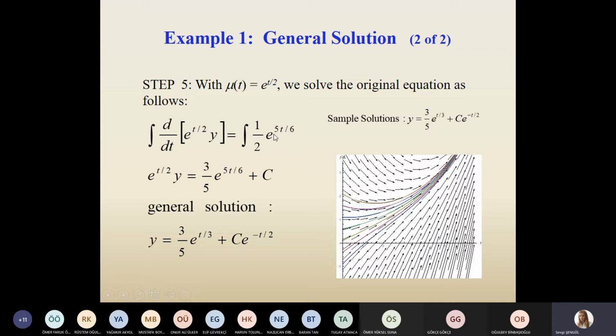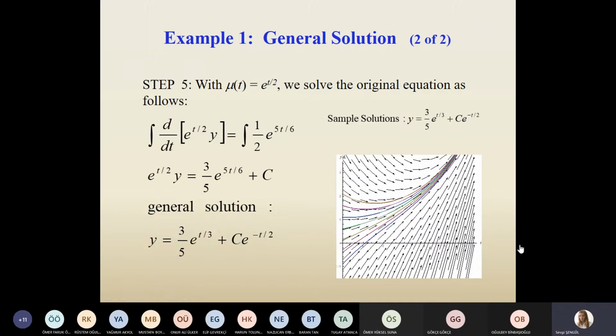And the integral of that one is 1 over 2 e to the 5t over 6 over 5 over 6, plus c. And if you solve this for y by dividing by e to the t over 2, this is what you will get for the general solution.